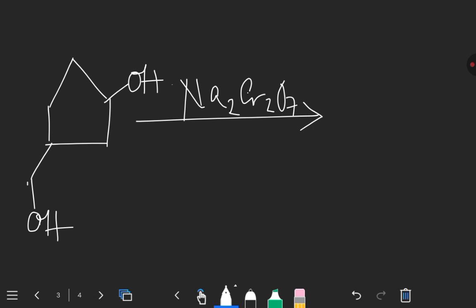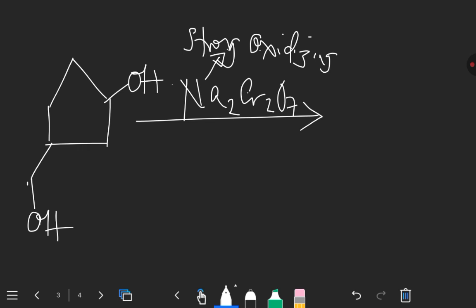Okay, so when we have this, you know that this is actually a strong oxidizing agent. So because it's a strong oxidizing agent, it will convert primary alcohols to carboxylic acid, then secondary alcohols to ketones.